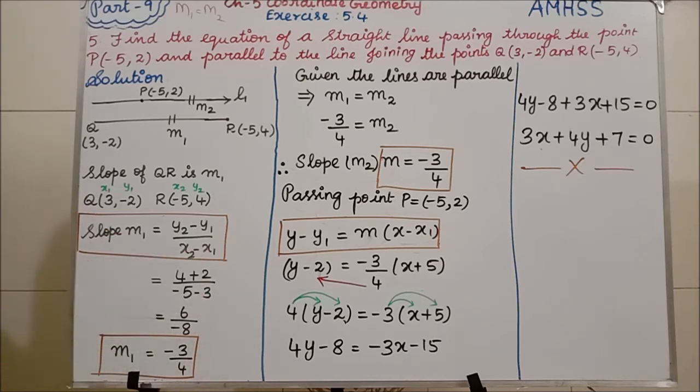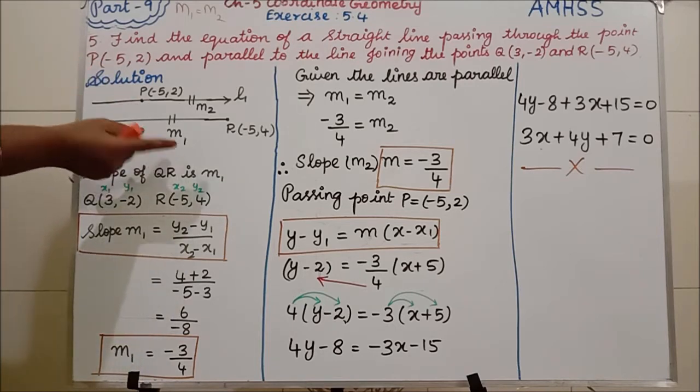Minus 5 minus 3 is minus 8. If you cancel, 6 and 8 will go in the same table, the 2 table. In the 2 table, 6 is 3 times and 8 is 4 times. So m1 is equal to minus 3 by 4. Clear? We have got m1.